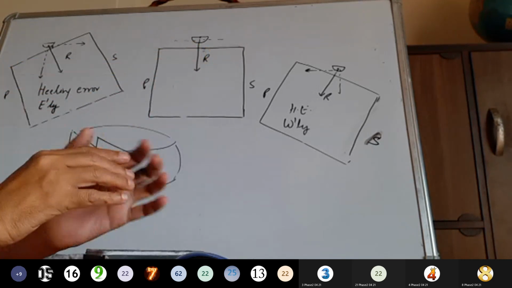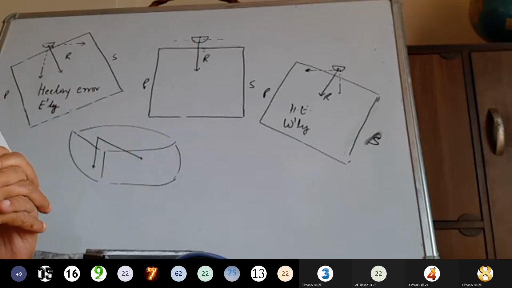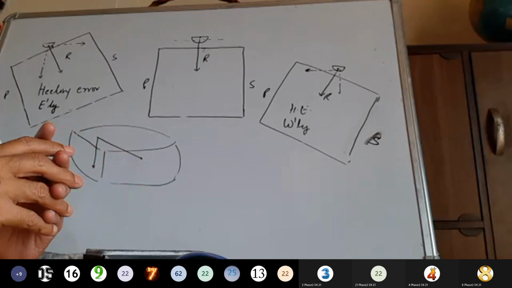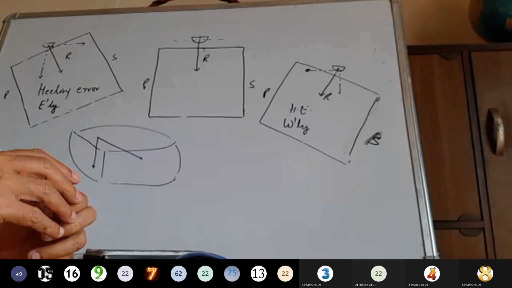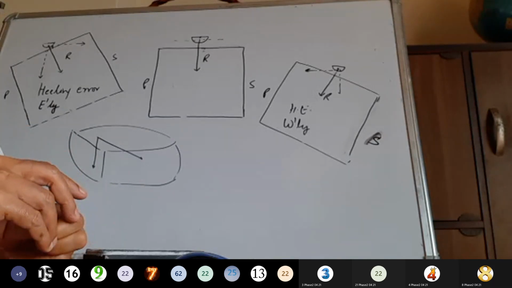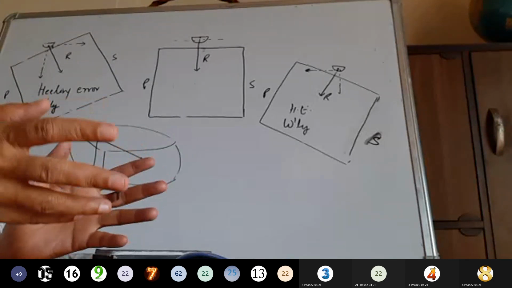That is why you may have observed that when the vessel is rolling, your magnetic compass is not steady, it is oscillating. Have you observed? Yes, sir. So when the vessel is rolling, the magnetic compass is oscillating. It is not steady.